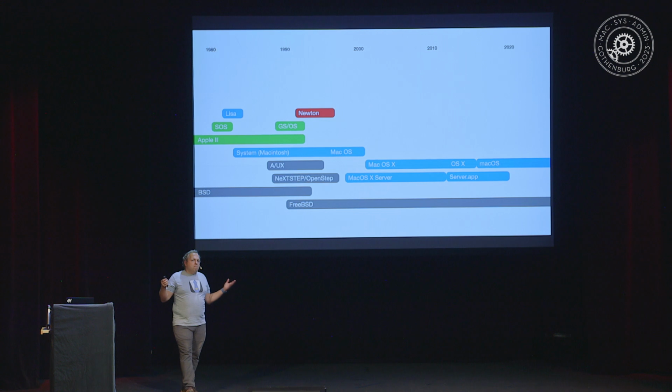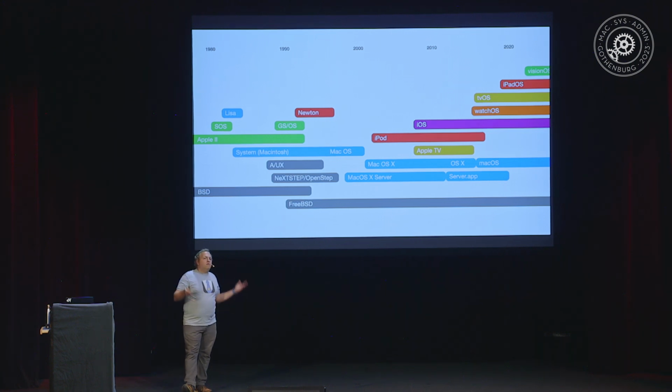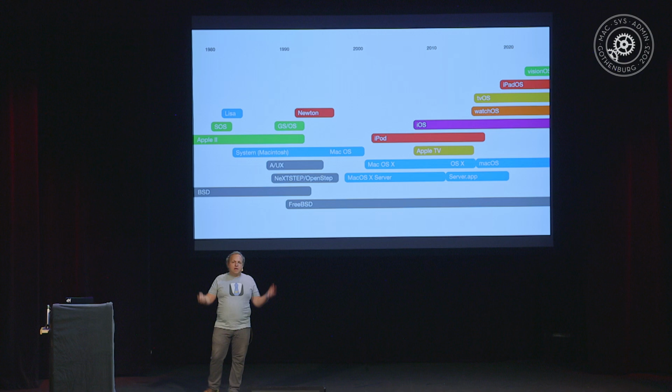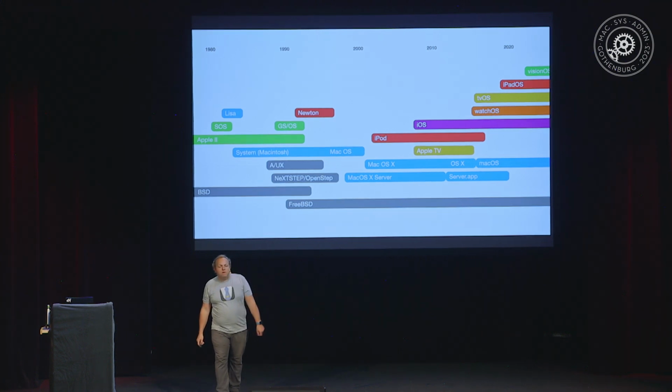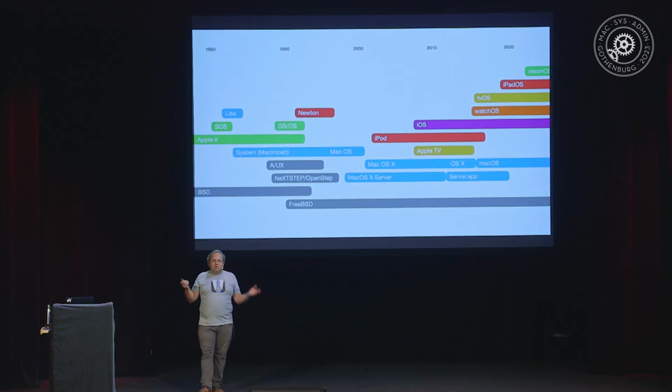And then macOS is the turning point because it had a lot of offspring itself. Most notably, iOS came out of macOS, and out of that came all the other platforms up to and including visionOS, which is currently in beta and will ship sometime next year. And this is pretty amazing.